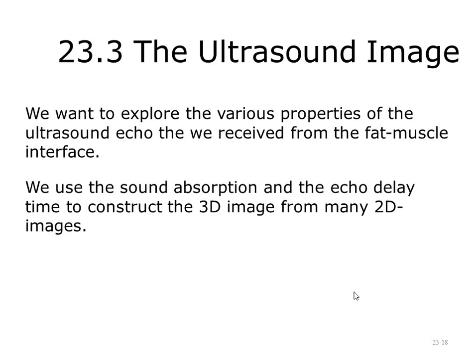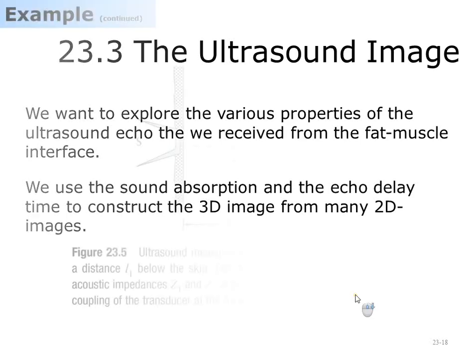Actually, these two values, the sound absorption and the echo delay time, used with some mathematical formulas, are very important to put limits on what we are going to see in the image. Okay, so this is the end of chapter 23, and thank you very much.